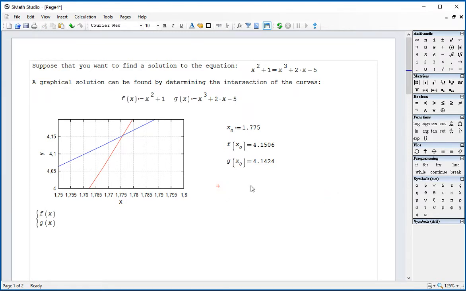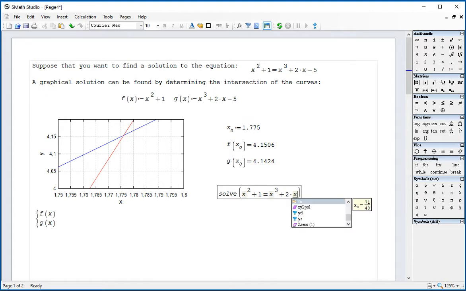We could just simply say solve, copy the equation here. Actually, I'm going to type it. It's x squared plus 1, control equal, x cubed plus 2 times x minus 5, comma x equals.